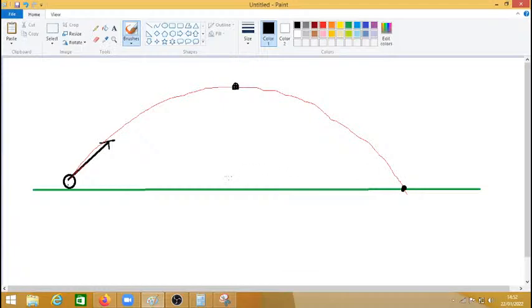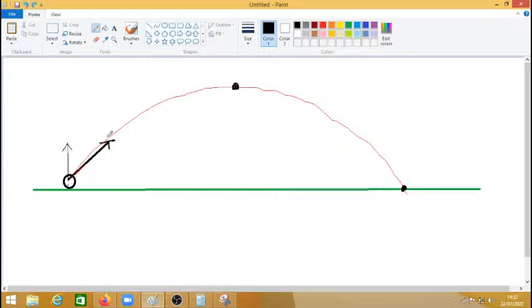And what you have to understand is that something very special in terms of mathematics happens at the maximum height. So when we're looking at the vertical velocity, the vertical velocity component starts off like this, but then gravity is pushing down.